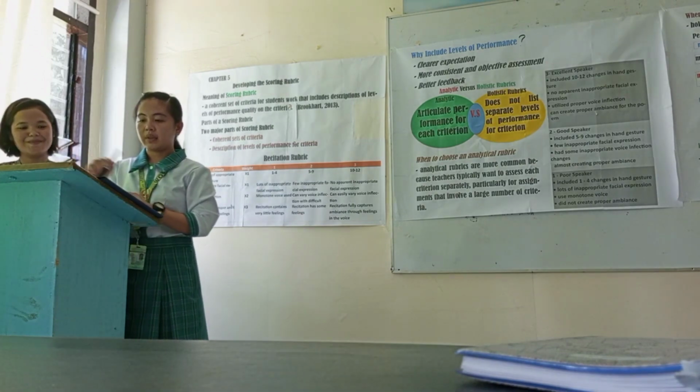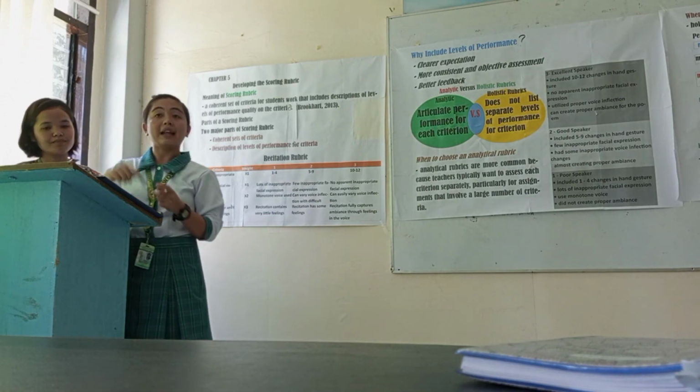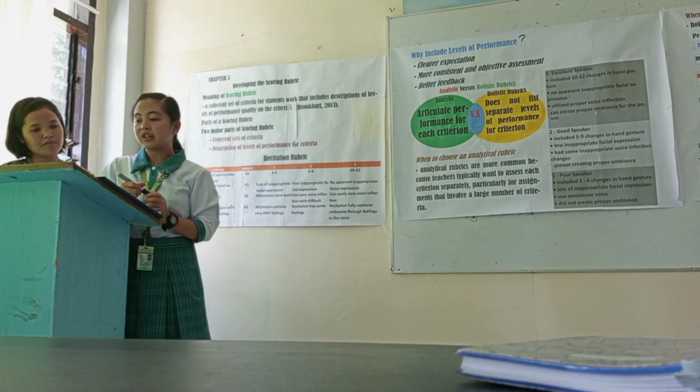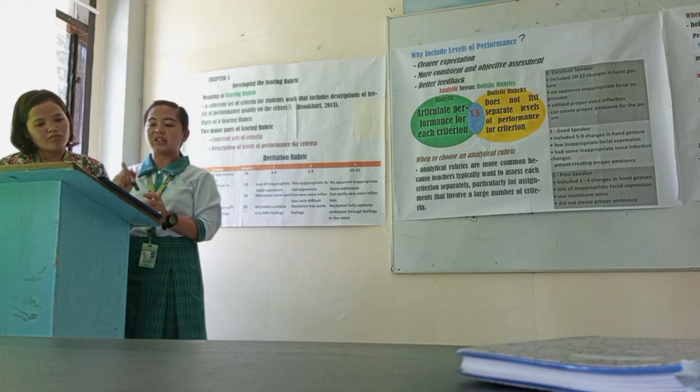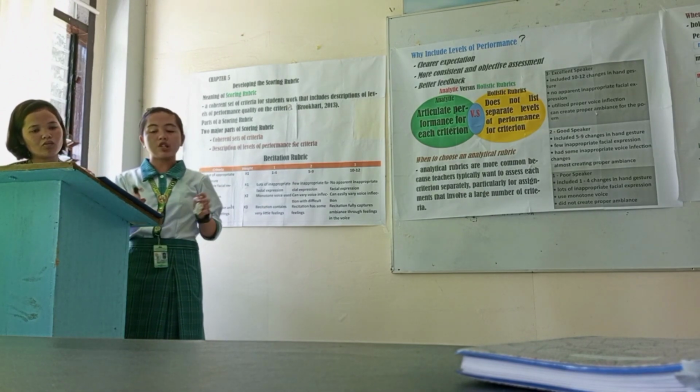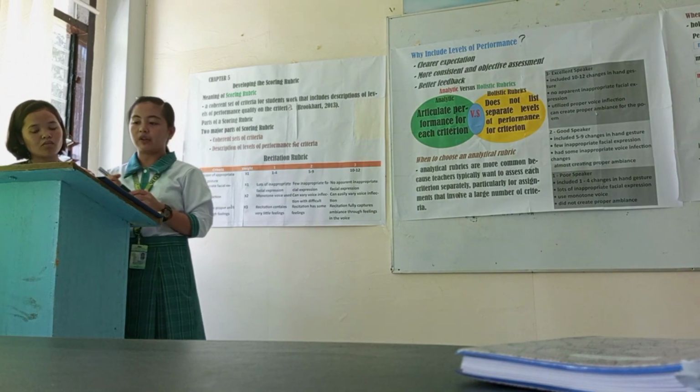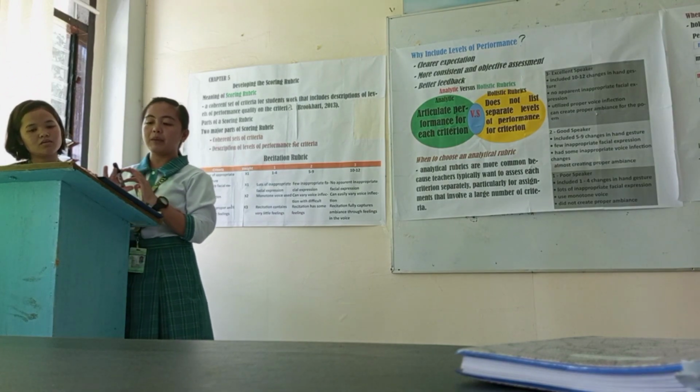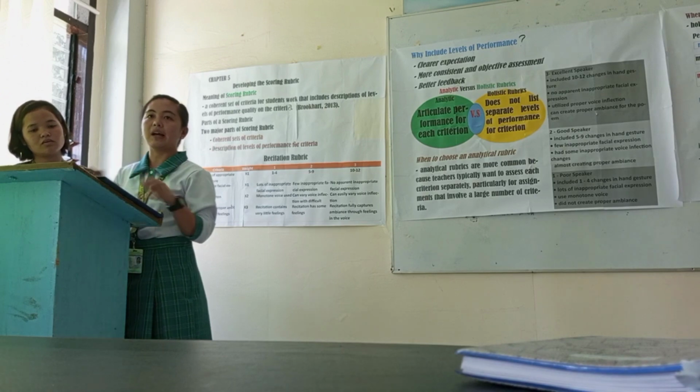While the holistic rubric, unlike the analytic rubric, has a combined performance descriptor in one range or score. So analytic means more specified, while the holistic is combined performance na siya.